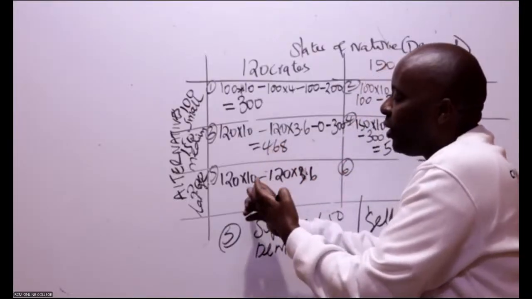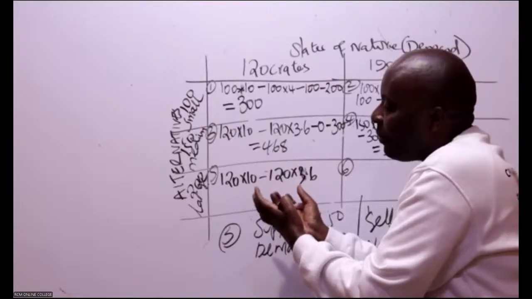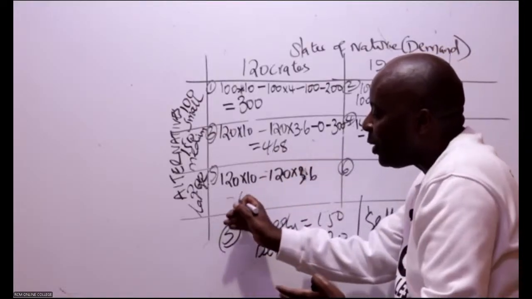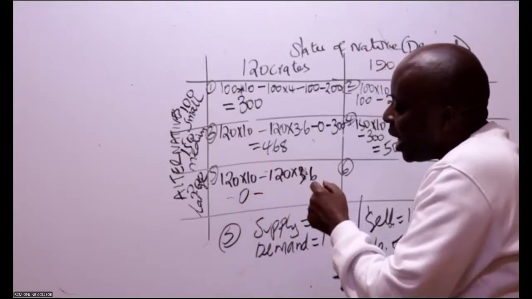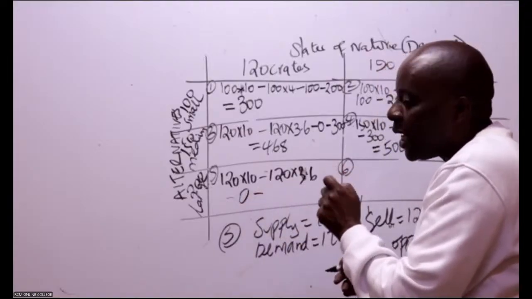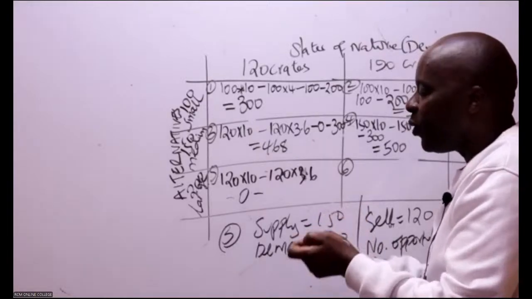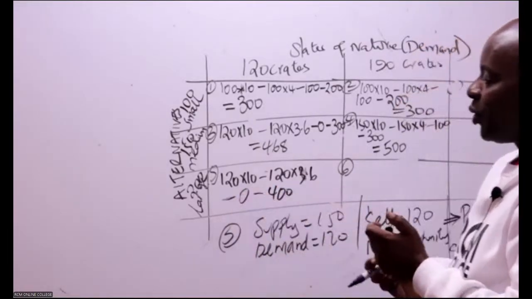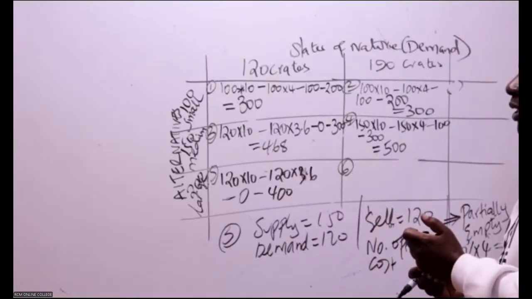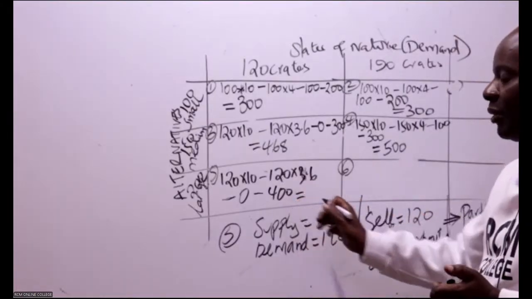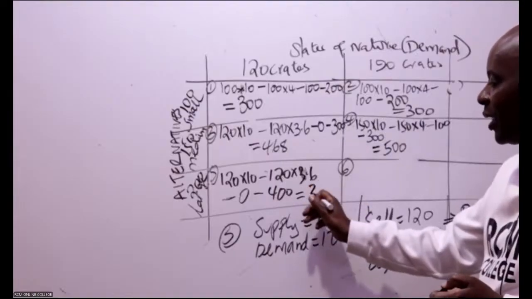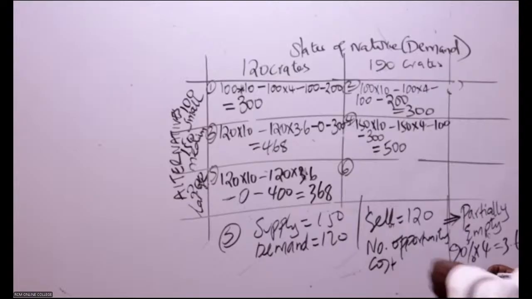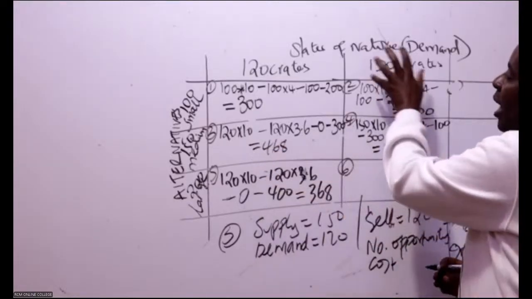No, because my capacity is bigger than what I'm being told to carry. So no customer is being disappointed. And remember, these are large vans. What is the depreciation for the large van? 400. I'm putting 0 for your revision. So this gives us what figure, ladies and gentlemen? This gives us 368.